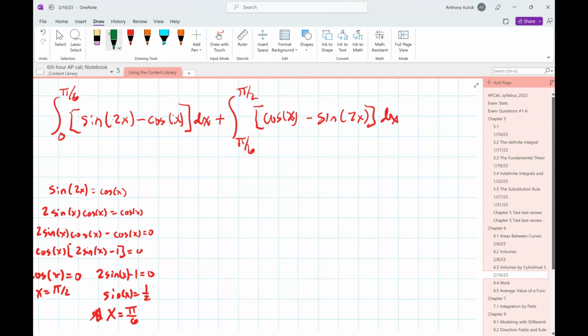So this first integral, to do the integral of sine 2x, that's a u sub problem, right?